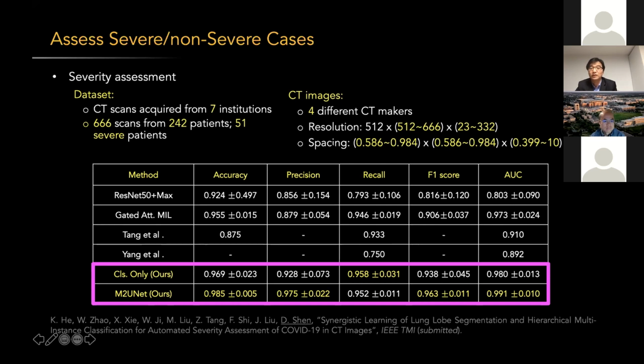More importantly, for spacing, the slice thickness can be about 4 to 10 millimeters, so the thickness ranges a lot. This also shows the importance of using patches from the 2D slices and then combining them together, like a multiple instance learning algorithm, so you can do the classification. Using our algorithm, as the results show here for accuracy, we can get much better performance compared to the best method we compared here.